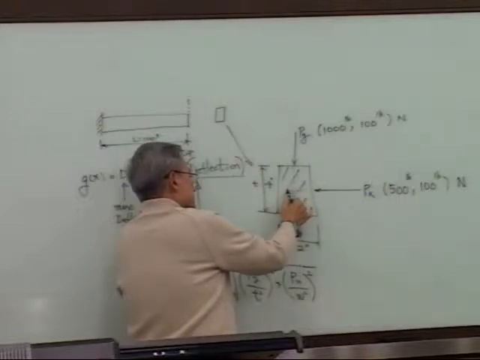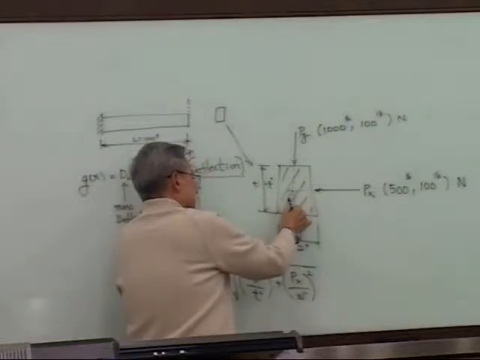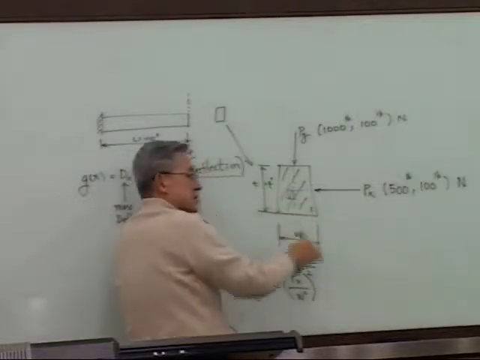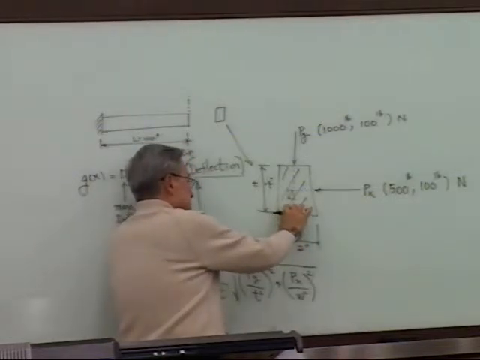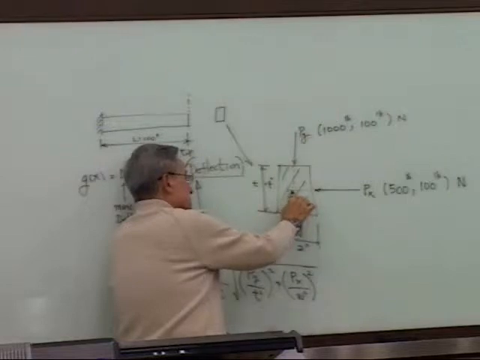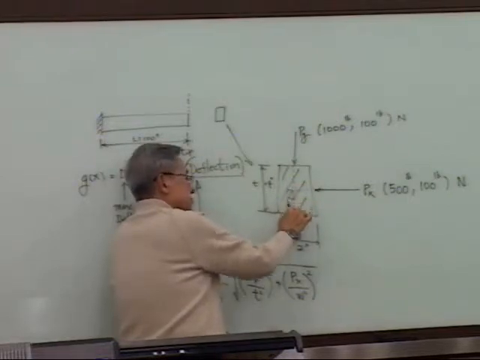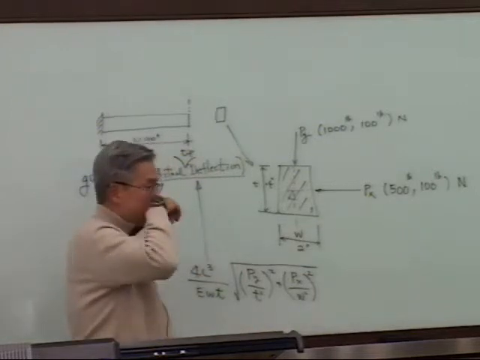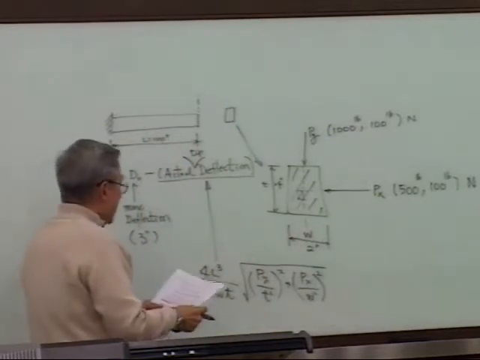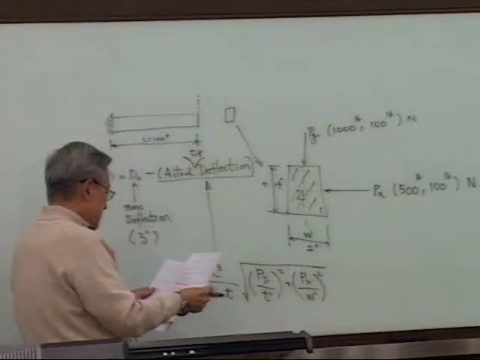This guy could move in that direction, this guy in that direction, so the vector sum has to be taken. So the tip deflection is the resultant deflection. It's simple solid mechanics.